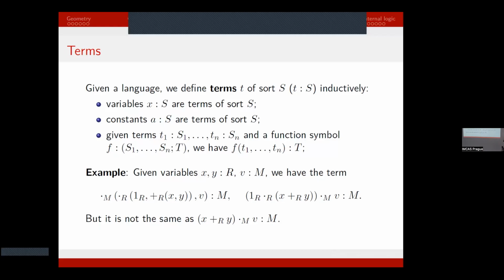Yeah, my mistake. Examples. Given variables x and y in the sort of ring and v in the sort of module, we can build this object by combining together two terms in R with a function that takes values in R, I mean a functional symbol, and gives an object in R, then I combine it with an object in R by the multiplication.